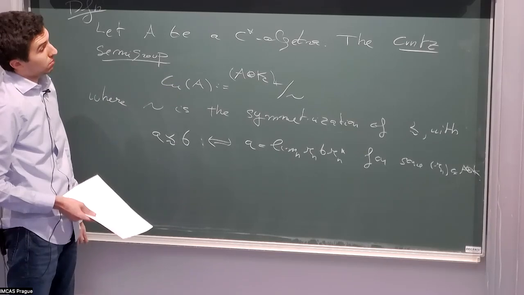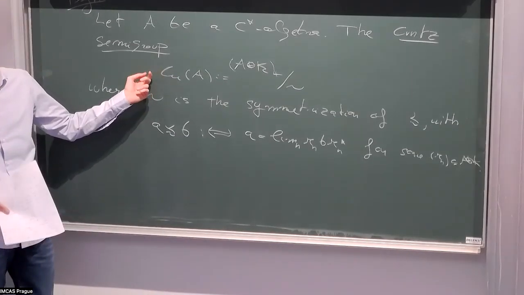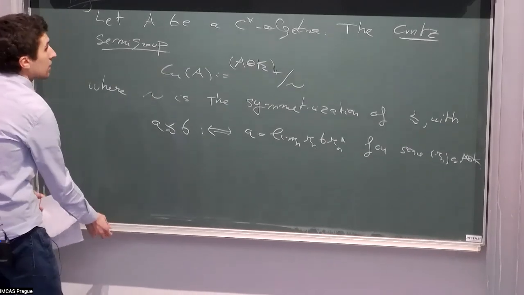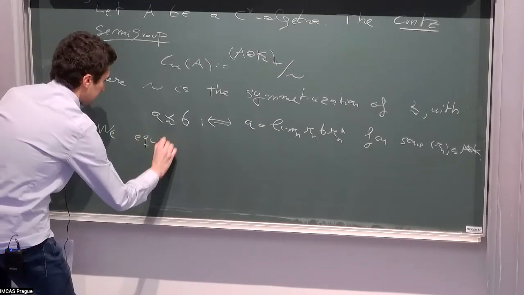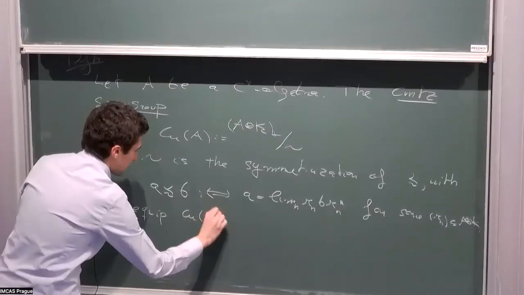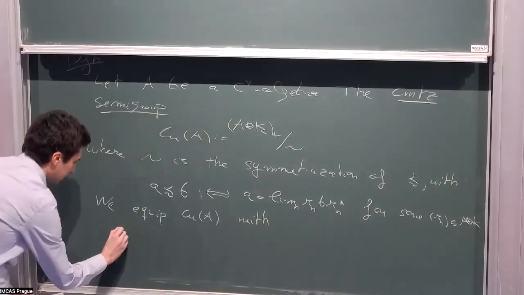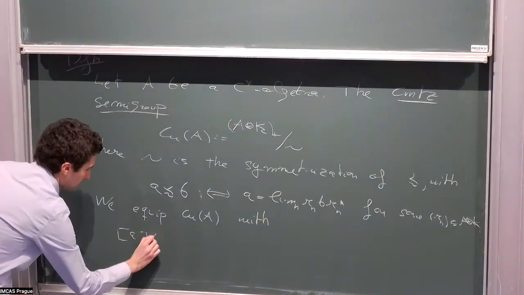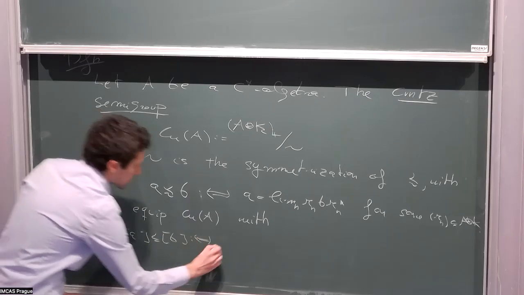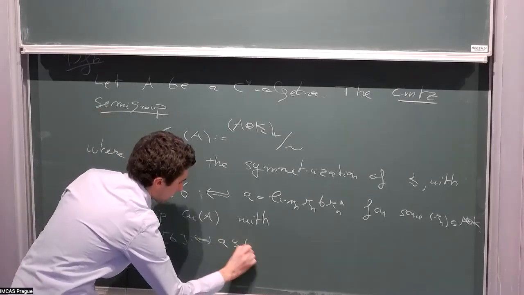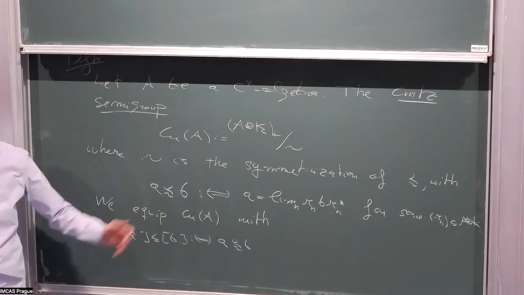And as in the Murray von Neumann case, we equip Cu(A) with an order and an addition. The order is induced by the Cuntz subequivalence. So we say that a is less than or equal to b if a is subequivalent to b.